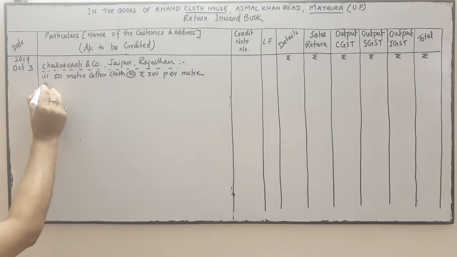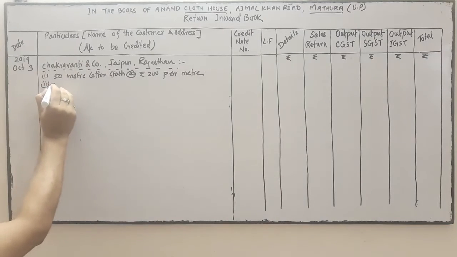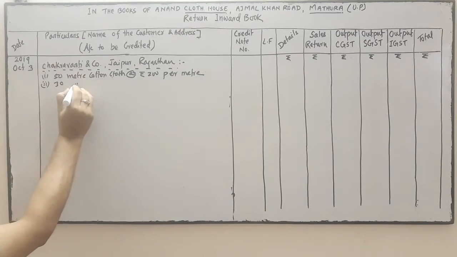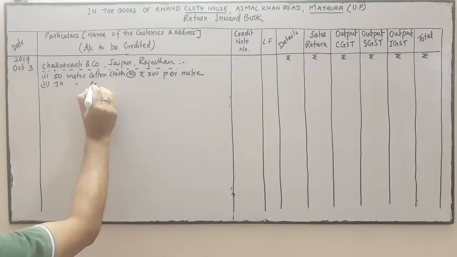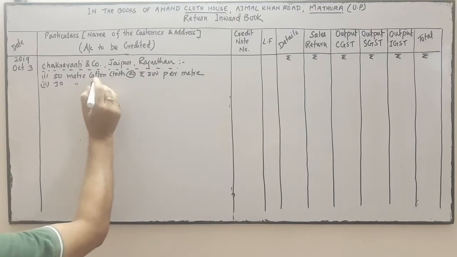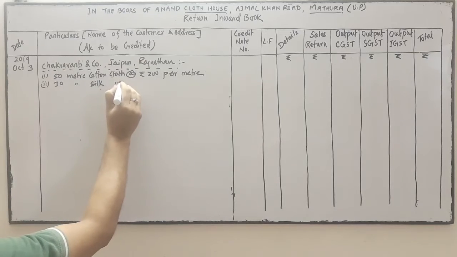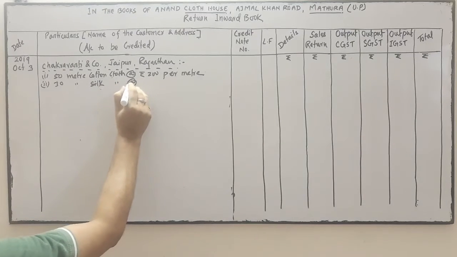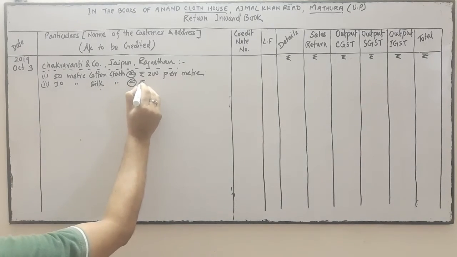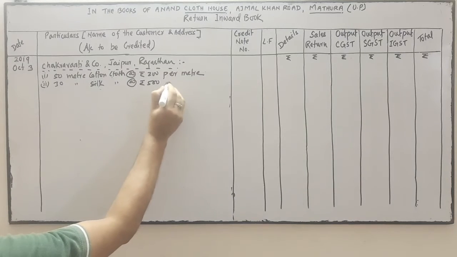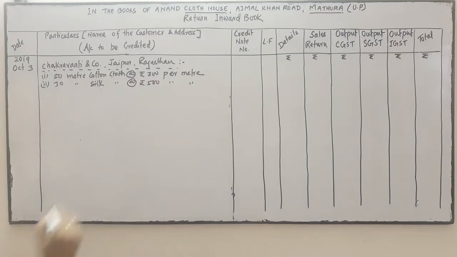And second, what he is returning, 30 meter silk cloth at the rate of rupees 500 per meter.